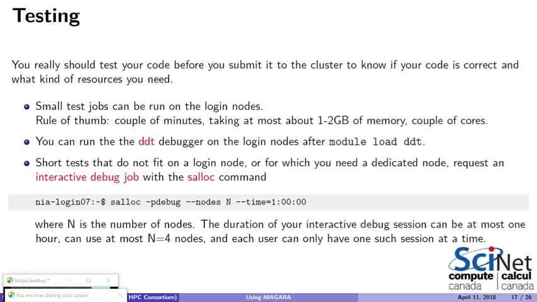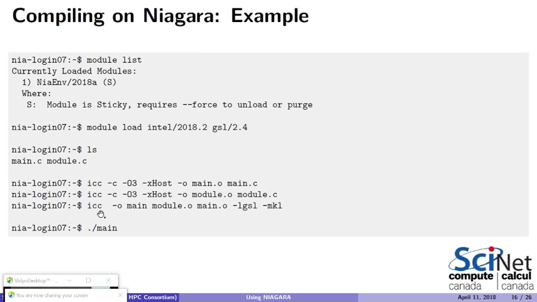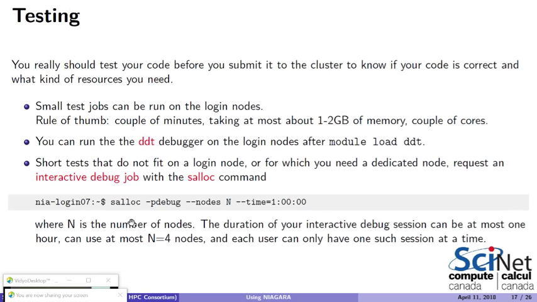Oh, going too fast. Okay, so I'm running this little command there. That's wrong. But it's also right. It's wrong because you shouldn't be running computations on the login node. But it's right because you should be doing something called testing. You've compiled it. You have a binary.